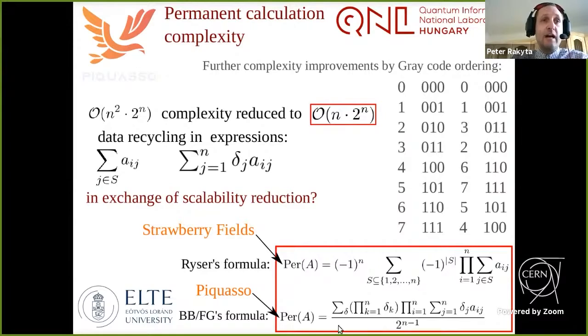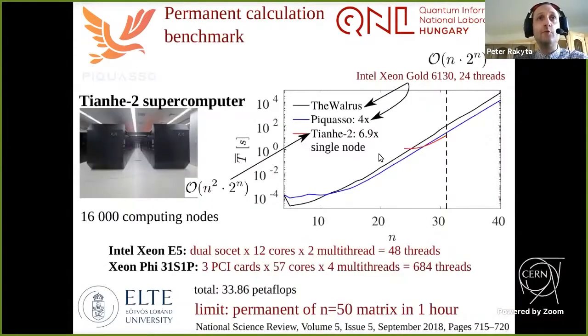And we are comparing our implementation to the Strawberry Fields quantum computer simulation tool, which is developed by a Canadian startup called Xanadu. And here are our results. Because we get rid of that extra logic of Gray code ordering, we could achieve a 4 times speedup on our CPU implementation compared to Strawberry Fields.